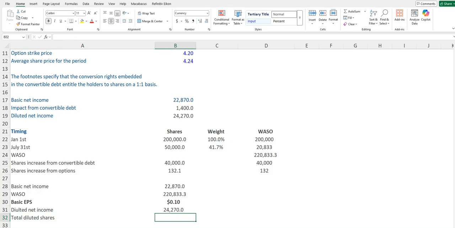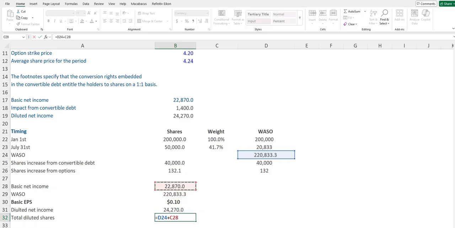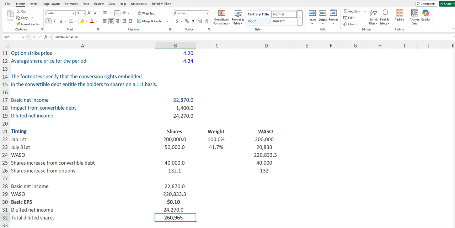It's the WASO, the weighted average shares outstanding, plus the potential shares, shares from convertible debt and shares from options if they are exercised. And that's the total diluted shares.